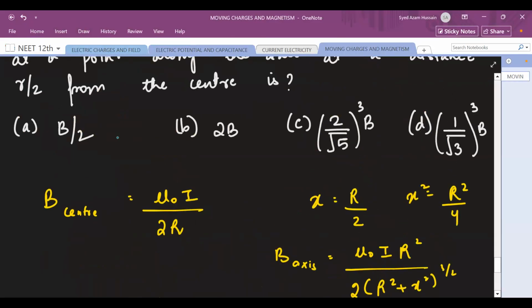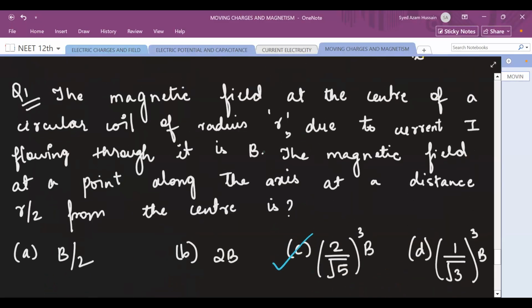Tell me which option is right according to you out of ABCD. Option C would be there. Write it.